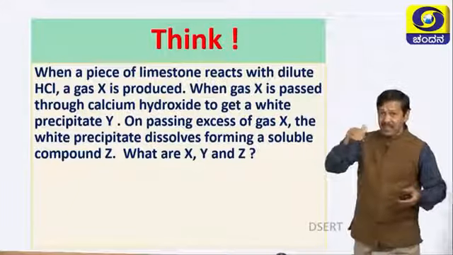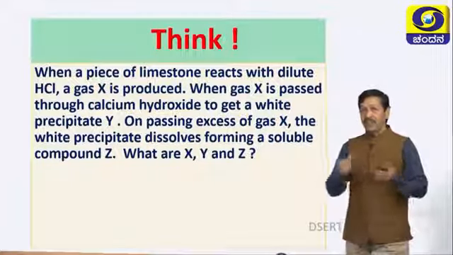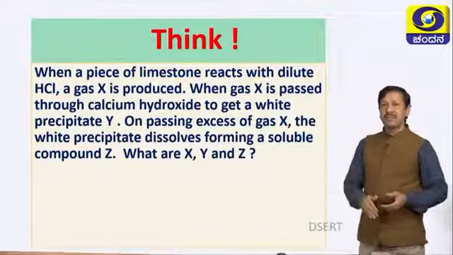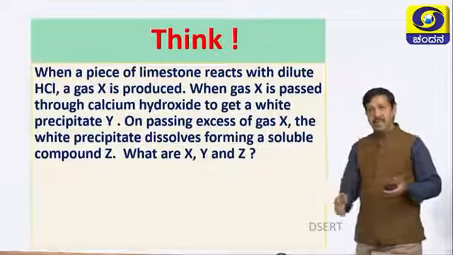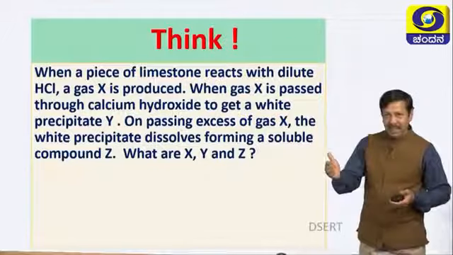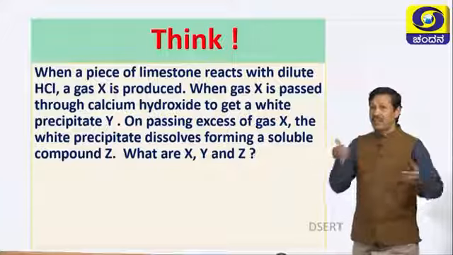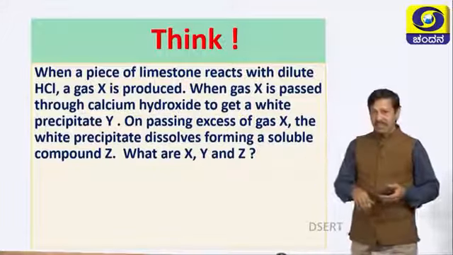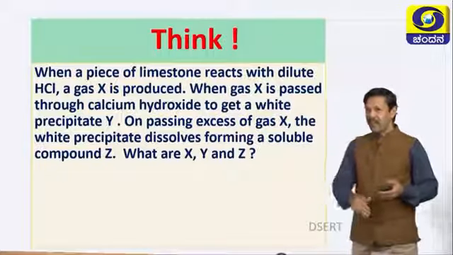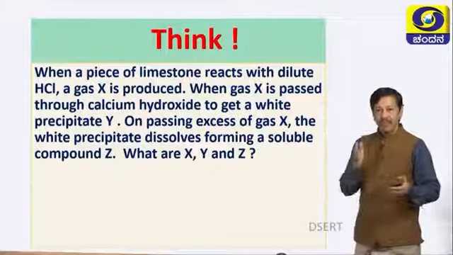When the gas X is passed through calcium hydroxide, we get a white precipitate of Y. On passing excess of gas X through this, you get a soluble compound Z. Then what are X, Y, Z? I already explained this in previous slides. What is your answer? Think.